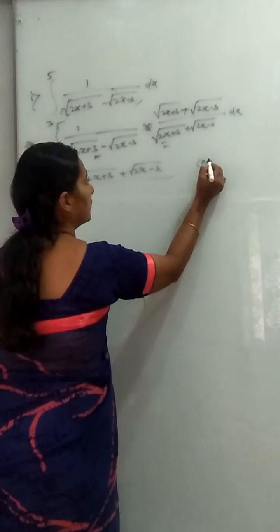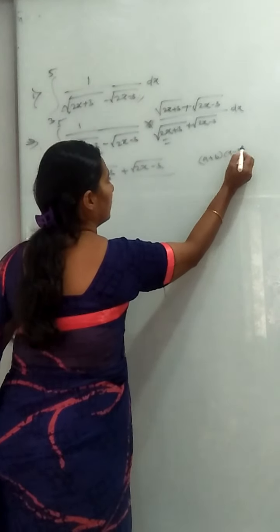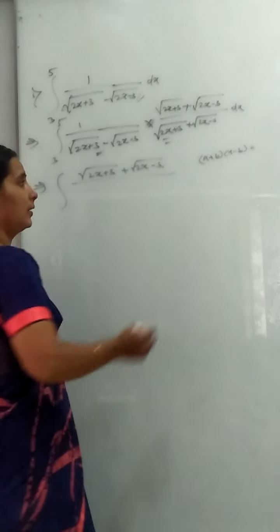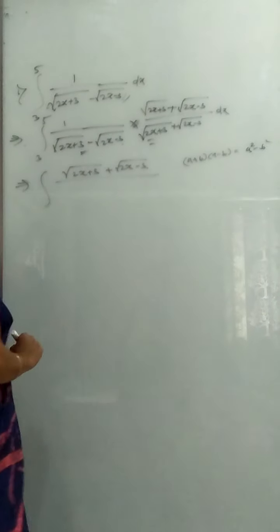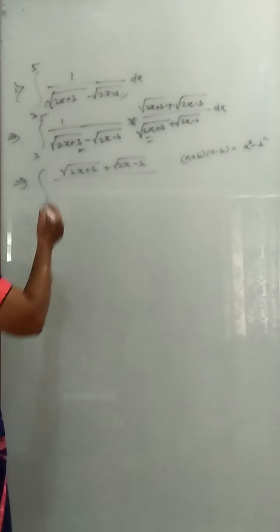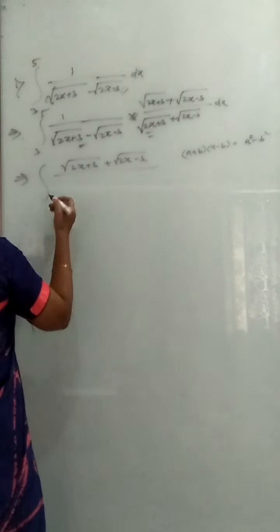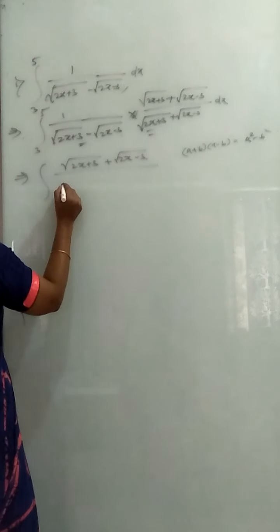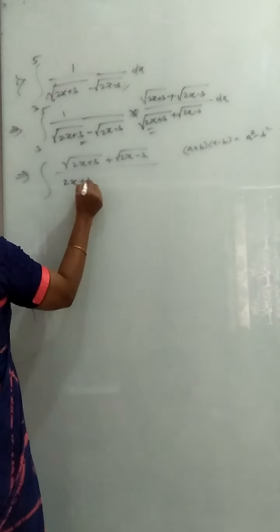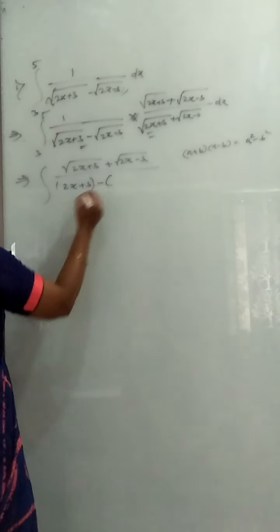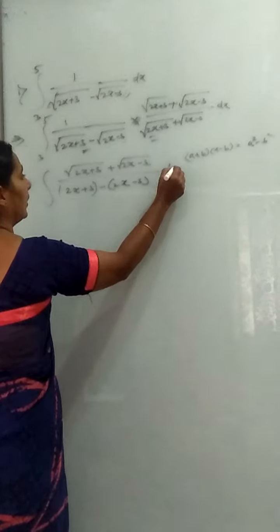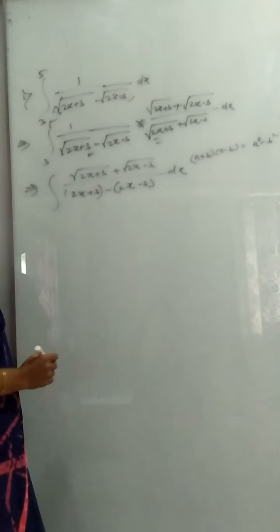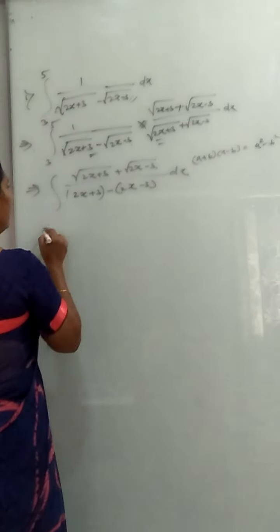Here it is (a plus b)(a minus b), and the simplification of this is a square minus b square. Therefore, the squares and roots get cancelled. Our term becomes 2x plus 3 as it is, minus 2x minus 3, dx.